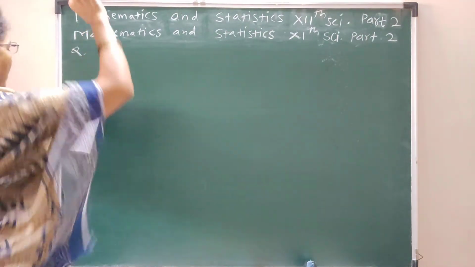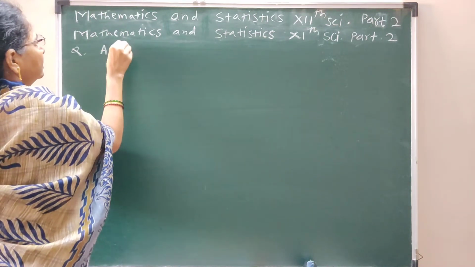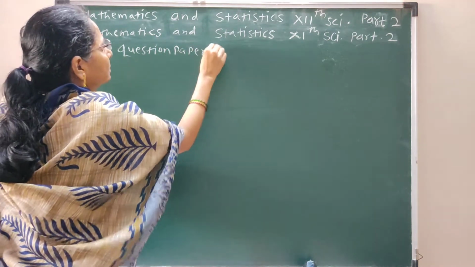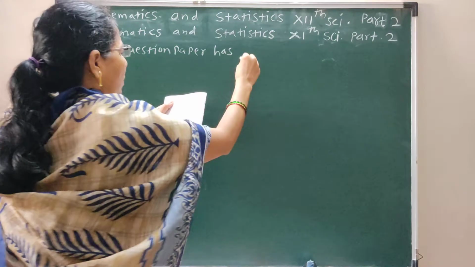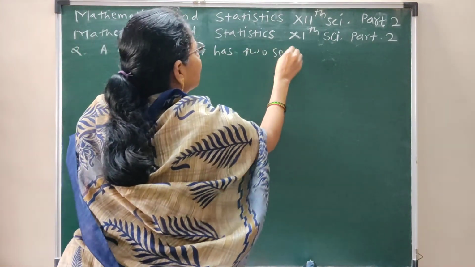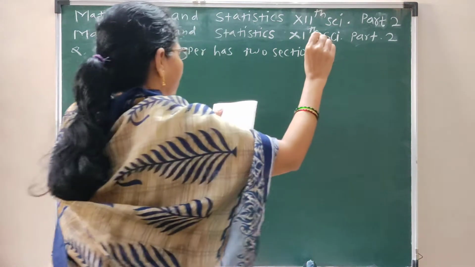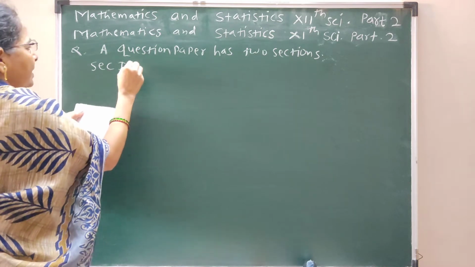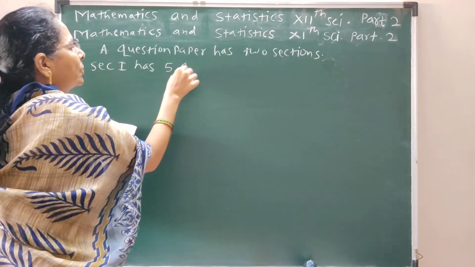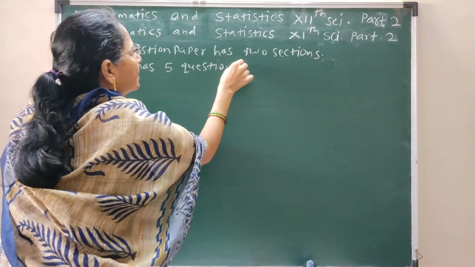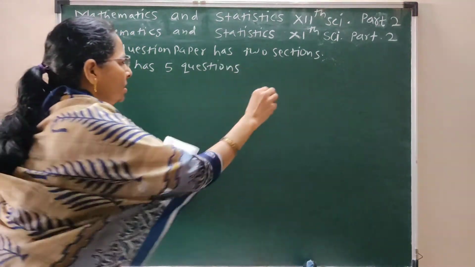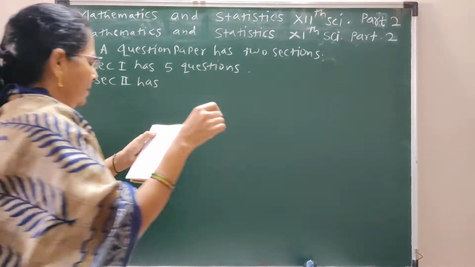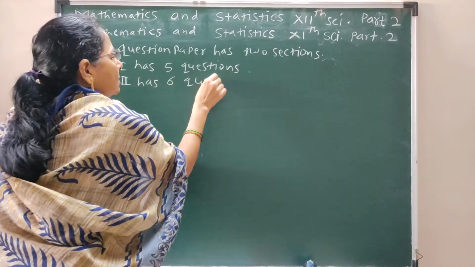A question paper has two sections. Section 1 has 5 questions. Section 2 has 6 questions.